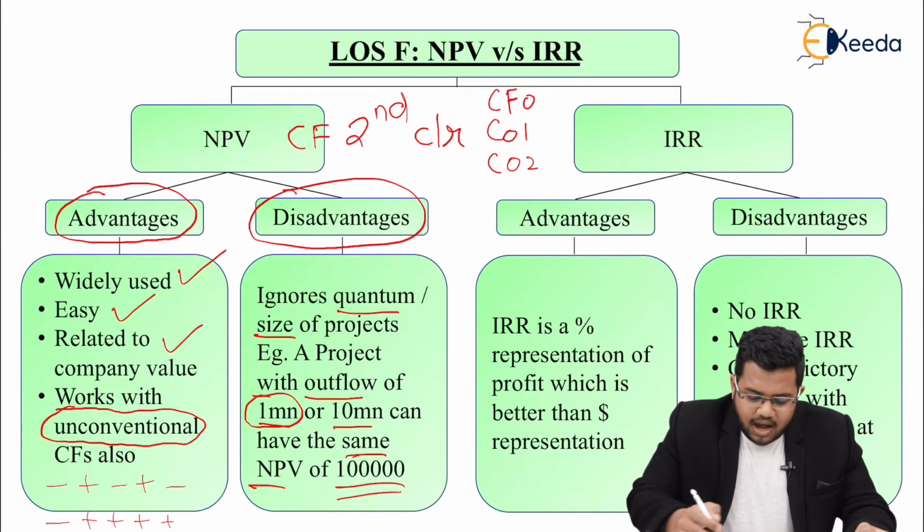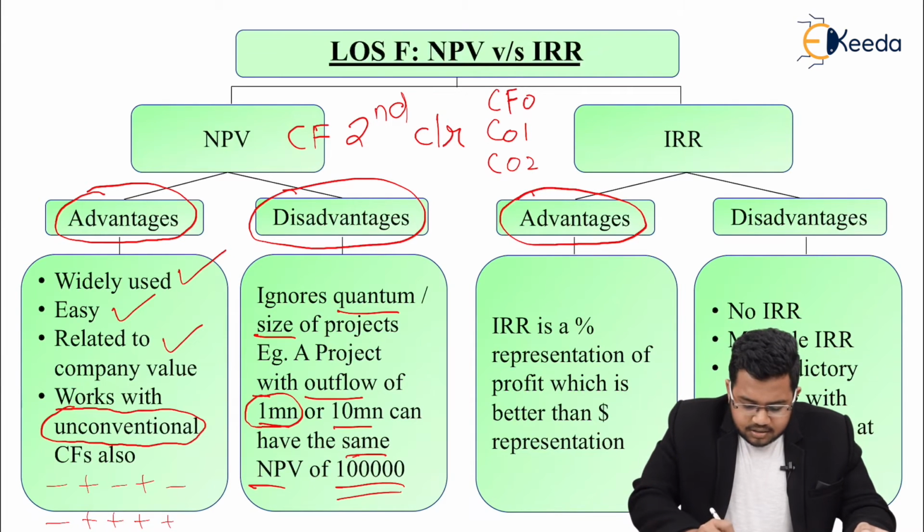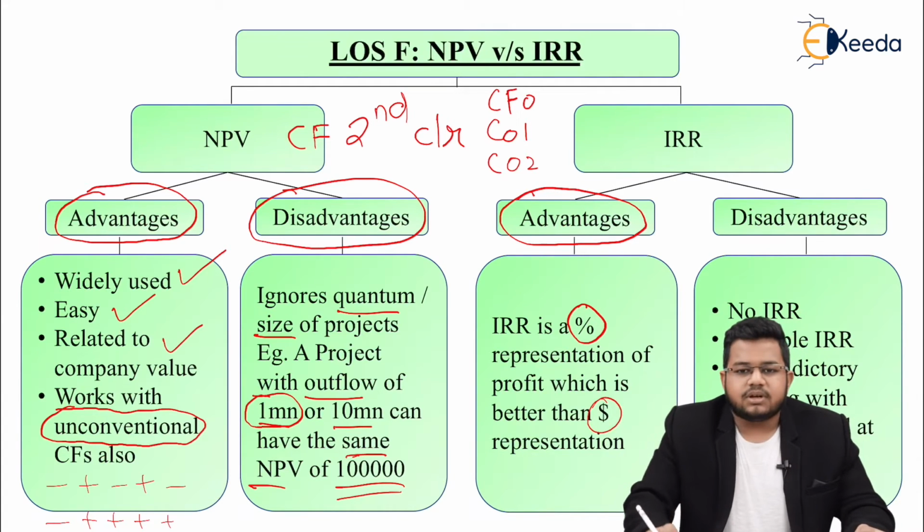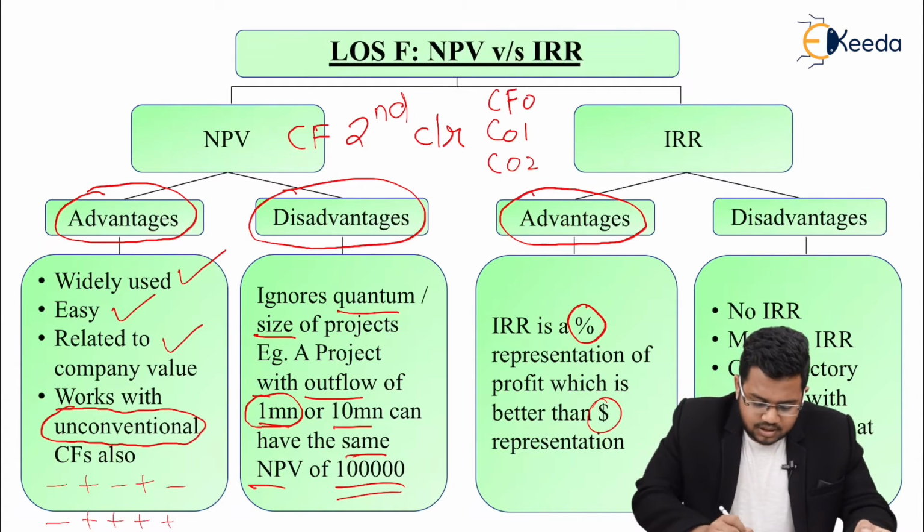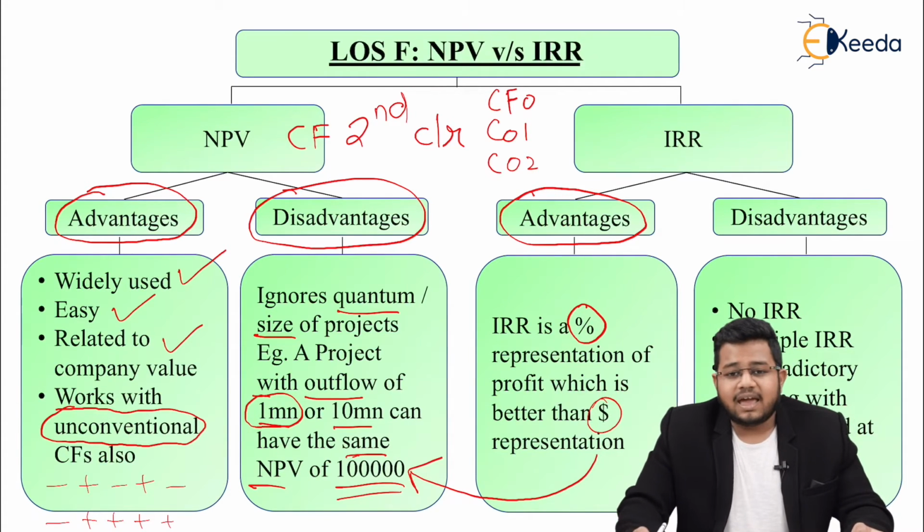Then let's move on to IRR. IRR advantages. So IRR is a percentage representation of profit, which is a better indicator than dollar representation. See, this is what we just studied here. Now here, if you consider 1 lakh, see 1 lakh NPV is a really good amount, but what is the outflow?